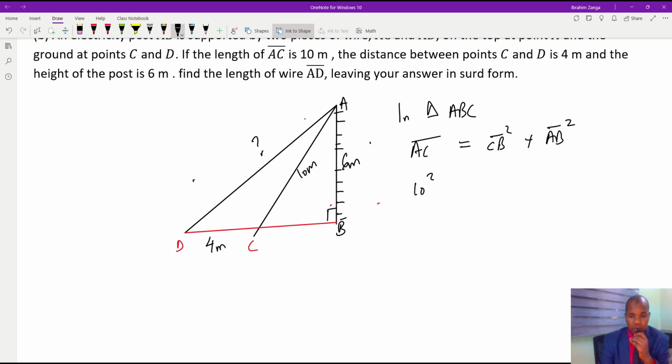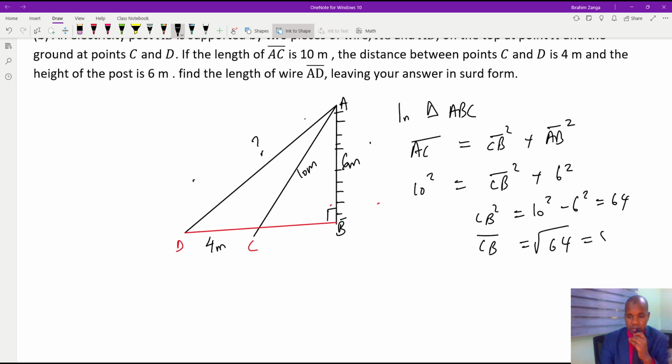So you have 10 square equals CB square plus 6 square. So CB square will be 10 square minus 6 square, which is equal to 64. So CB eventually is square root of 64, which is 8 meters. So the distance here is 8 meters.